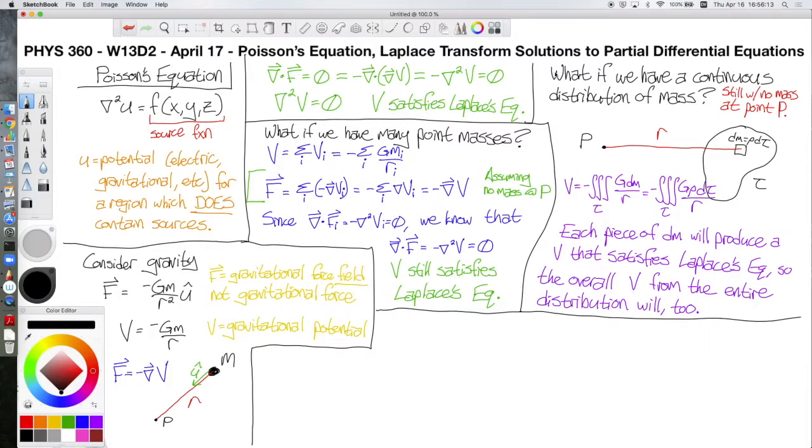So now we want to vary this up a little bit, and we want to construct a situation where we do have mass at point P, and we want to show that instead of satisfying Laplace's equation, this should satisfy Poisson's equation. So we're going to do that in the following way.